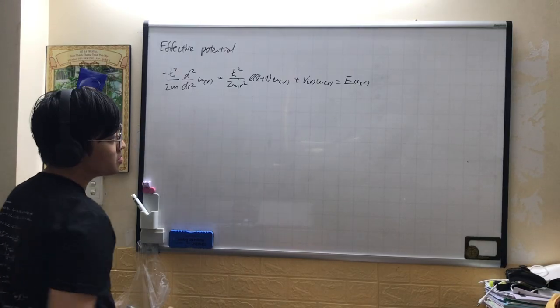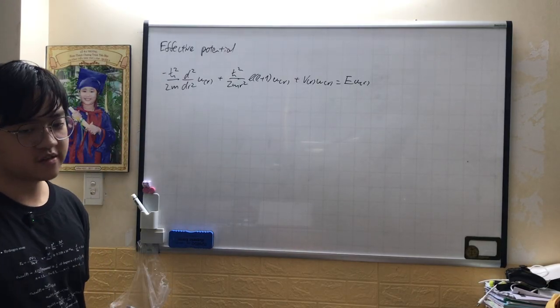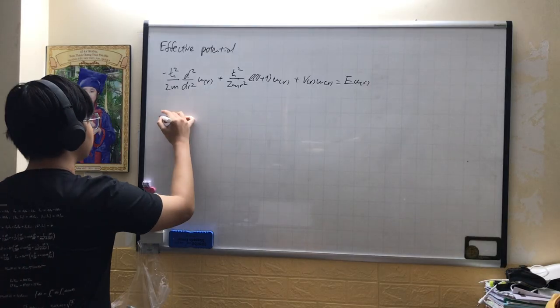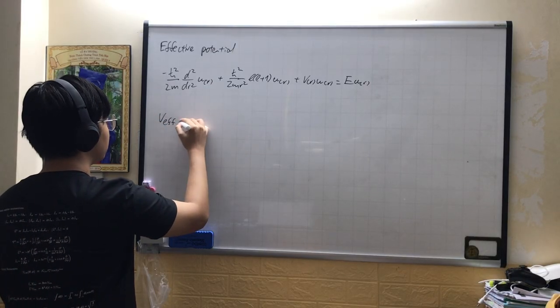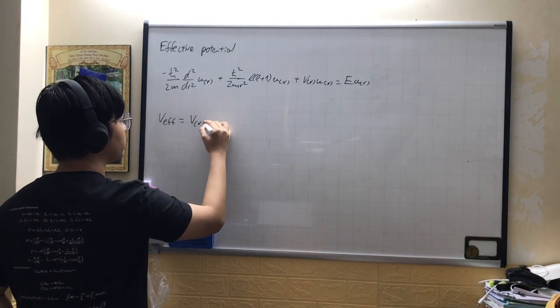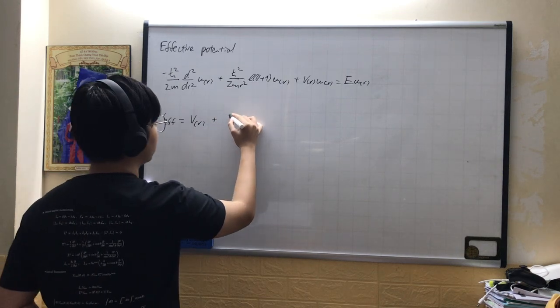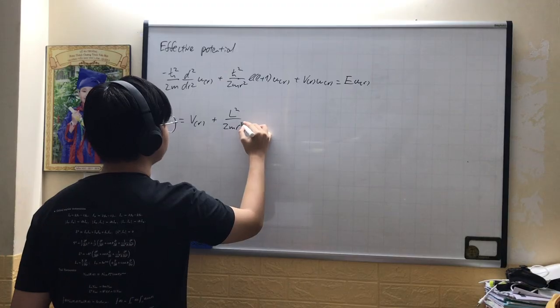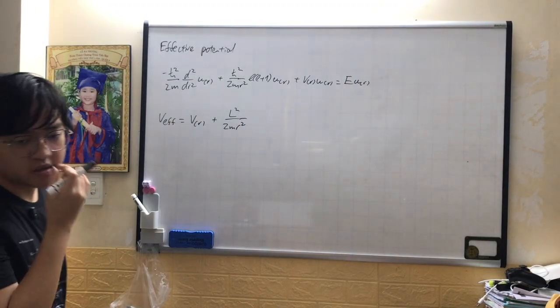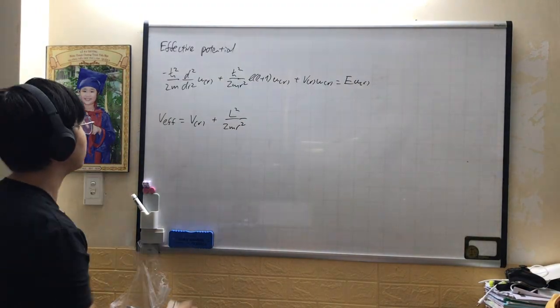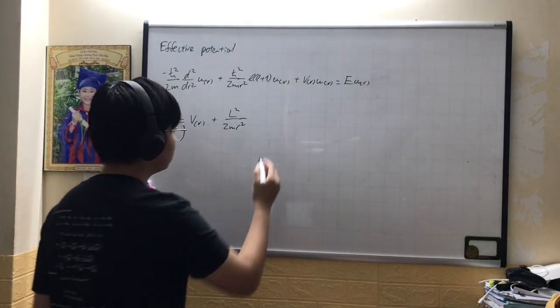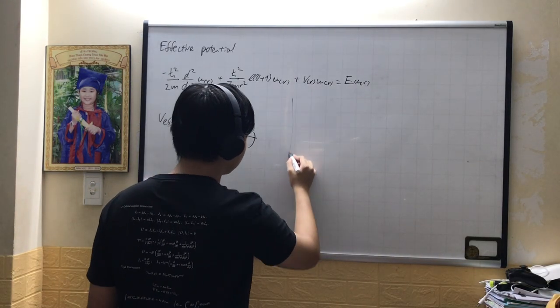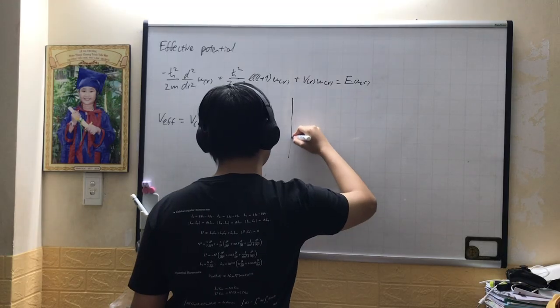That is where you get your effective potential. So your V effective is going to equal V of r plus L squared over 2mr squared. This is your effective potential, and it would look something like this when you put it on a graph.